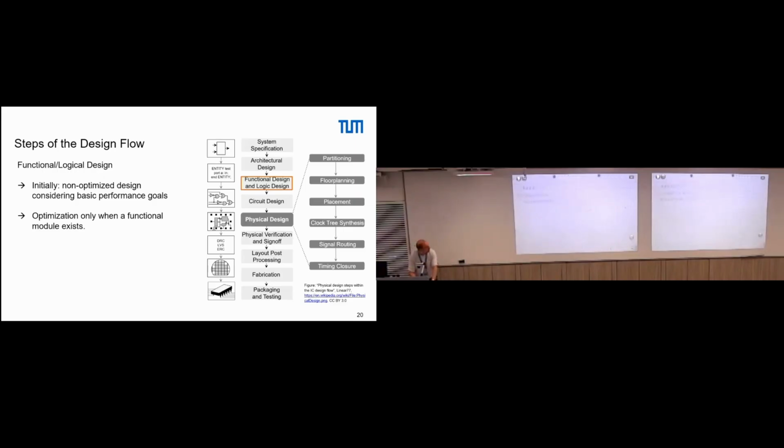The other side is you go for some FPGA, which is a field programmable gate array. This means you have a fixed circuit already, which is to a certain extent programmable. How this works, I will later show you and give you some insights.